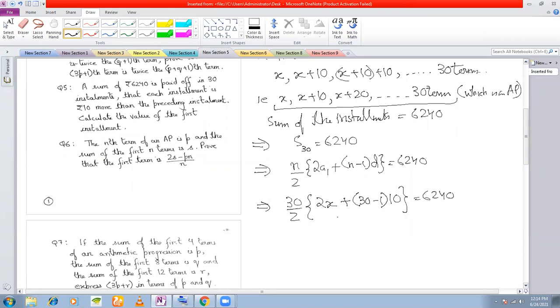Now we can find out X from here. So the next step will be cancel this 15, simplify within brackets. You get 2X plus 290 is equal to 6240. Now this is a simple equation. Solve this equation to get X is equal to 63, right? So I hope there are no questions from here.